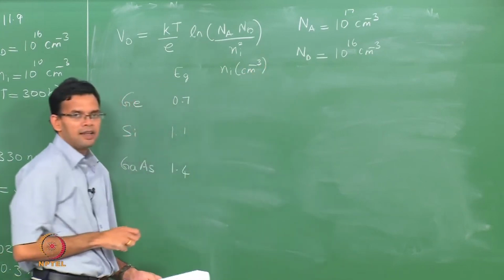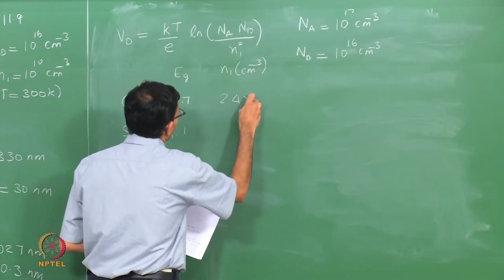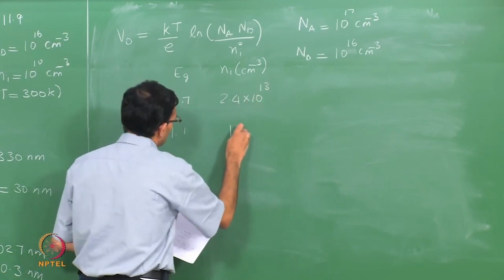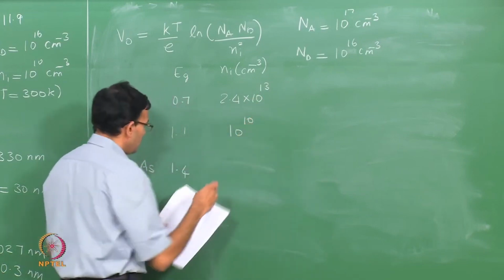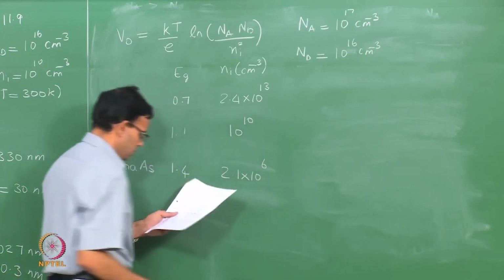We have done these calculations before for these intrinsic materials: 2.4 times 10 to the 13, 1 times 10 to the 10, 2.1 times 10 to the 6.